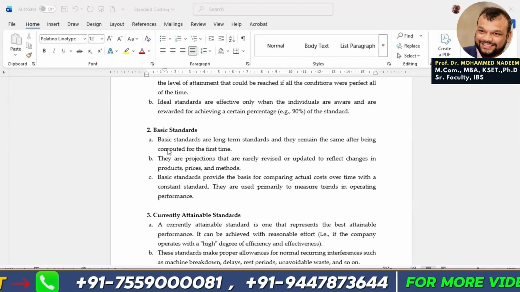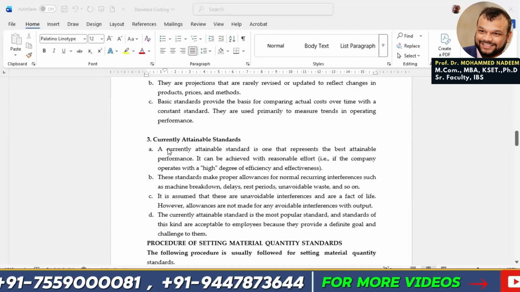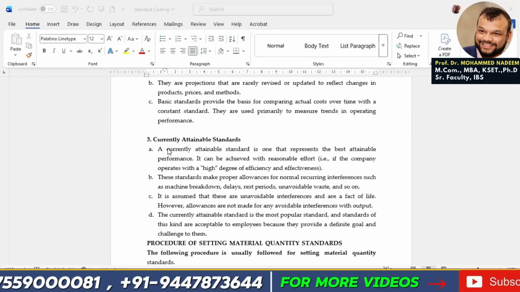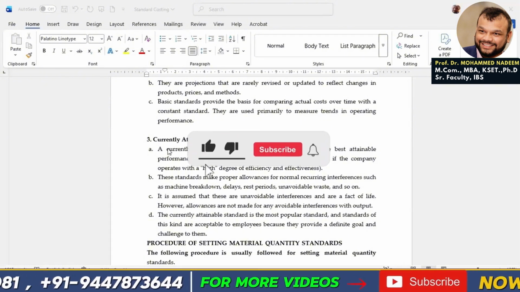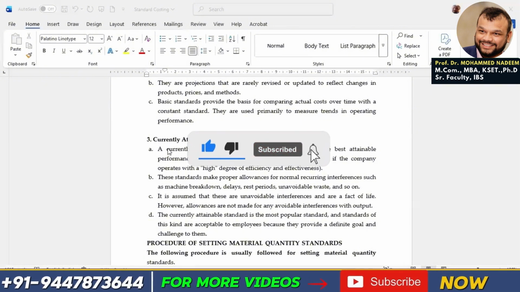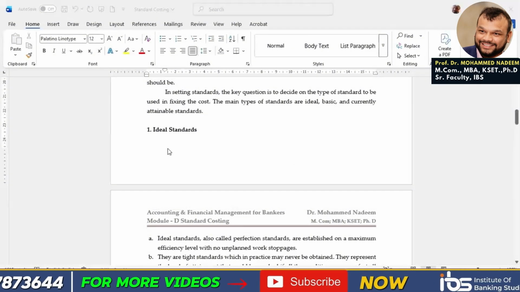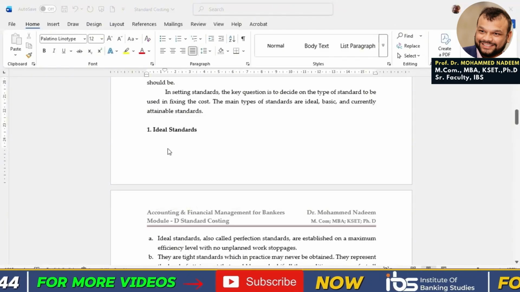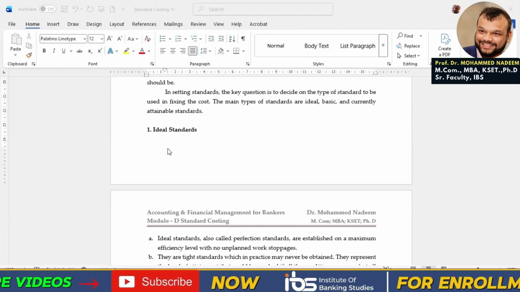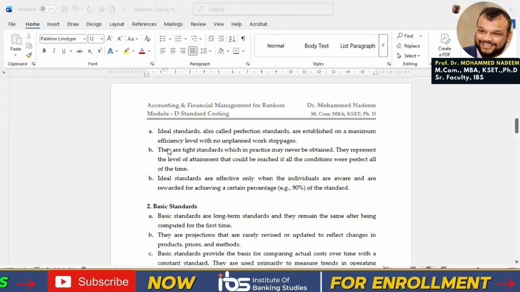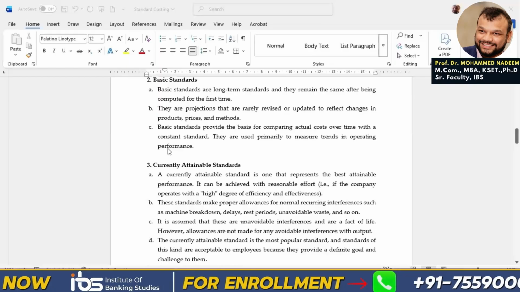Current standard is where we focus on the current situation, performance attainable by an employee. That kind of standard we call currently attainable standards. So these are the 3 standards in making standard costing more effective, more efficient, and the output also should be very correct and good. So we follow these 3 standards for getting things to work out.